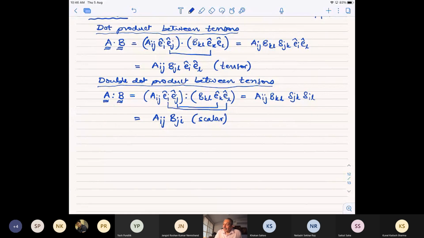That's why I've used I, J, K, L. If there were more indices, I can go to P, Q, R, S, T, whatever. It's just like when you're solving an equation, for each quantity you must have a different variable. Same way here, for each index, you must have a different variable. Otherwise, there will be confusion.